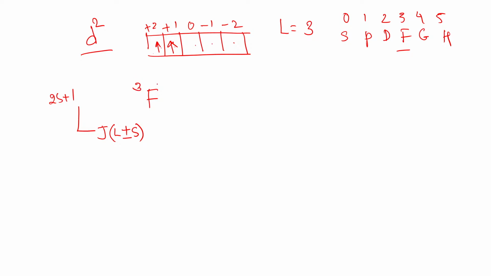Now this is less than half filled, so it should be L minus S. L is 3, S equals 1, so L minus S equals 2. So here it is 3F2. This is the correct one, 3F0 is wrong. Is that clear?